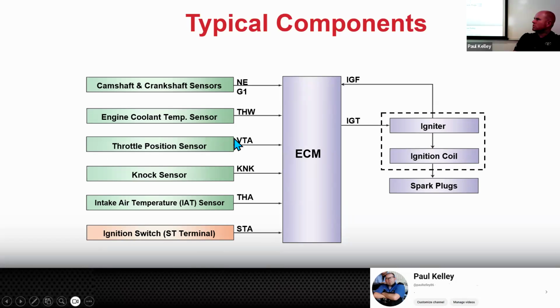Like if you have your throttle position sensor at wide open, that's going to change. That's going to add a level to the timing table that will indicate more advanced ignition timing. It'll look at all these things and then it'll say, okay, let's call for the coil to fire at 36 degrees before top dead center based on all these inputs.